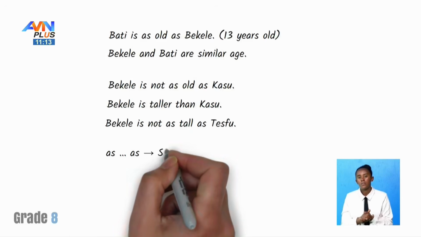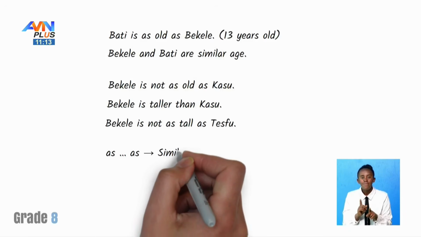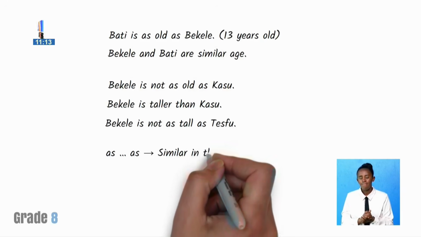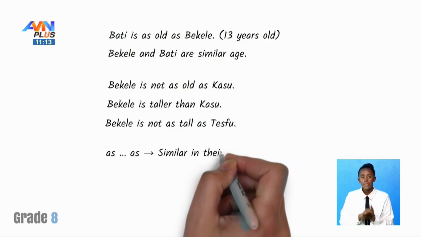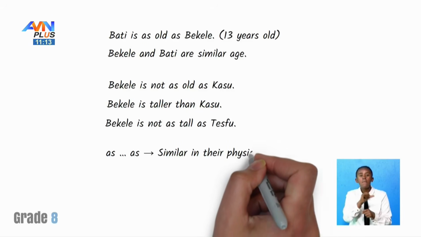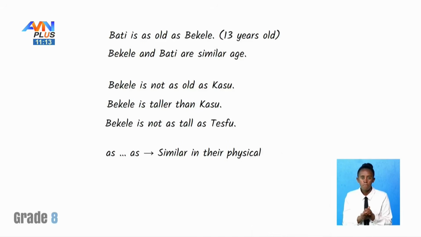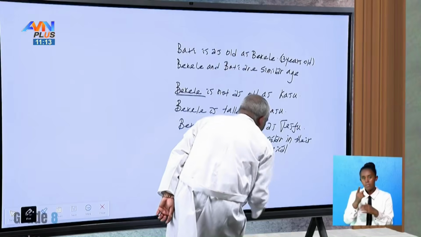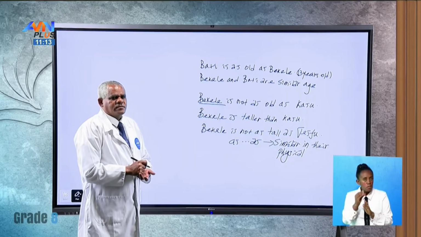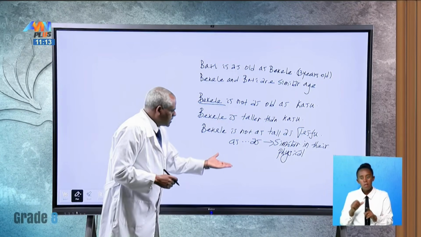When things or people are similar in their forms, similar in their physical, maybe. That's why I gave a sample example so as to describe their physical, physically, their height, weight, and also age.